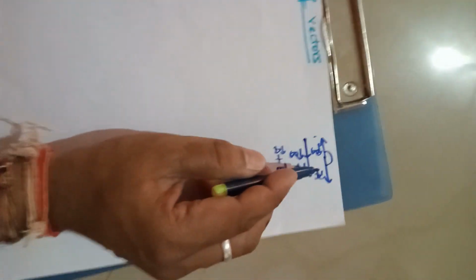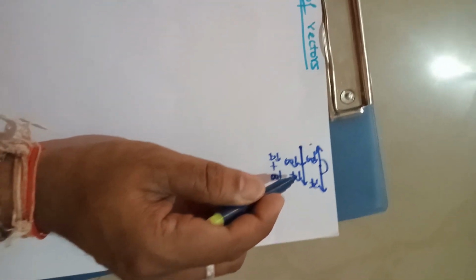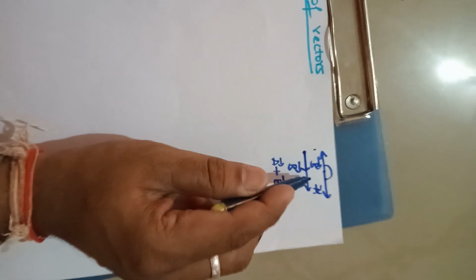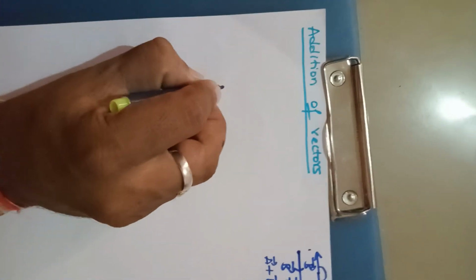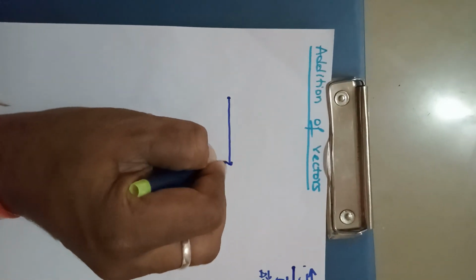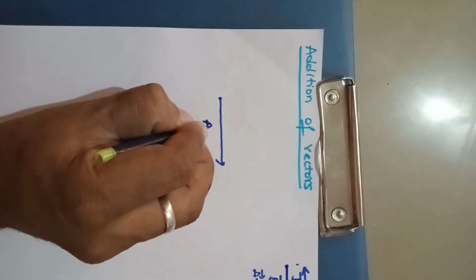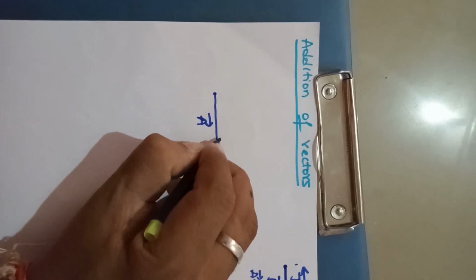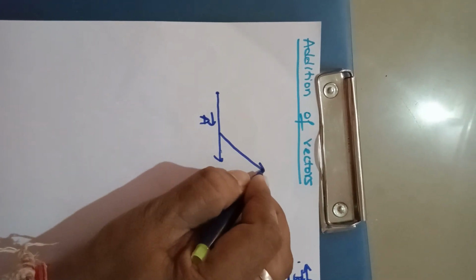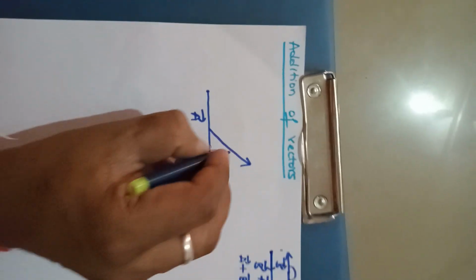The addition of vectors becomes simple when the two vectors are in the same direction or when the two vectors are in opposite direction. But if the two vectors make an angle like this, for example, let's say this is the direction of vector a, let's say there is vector b like this.